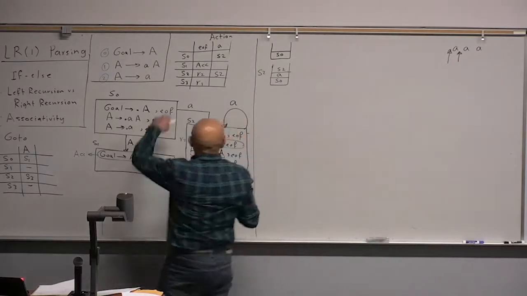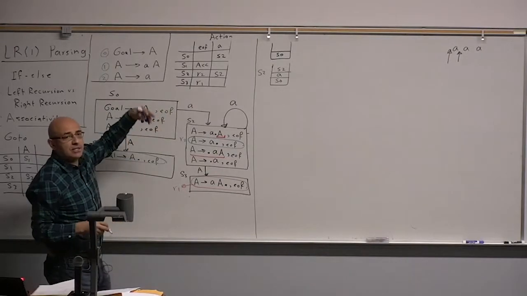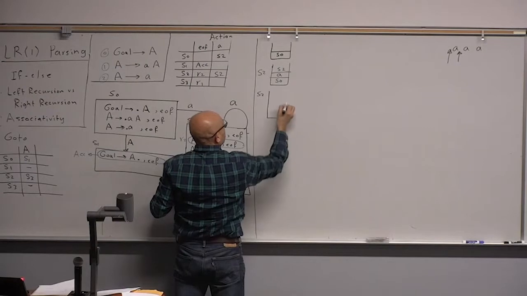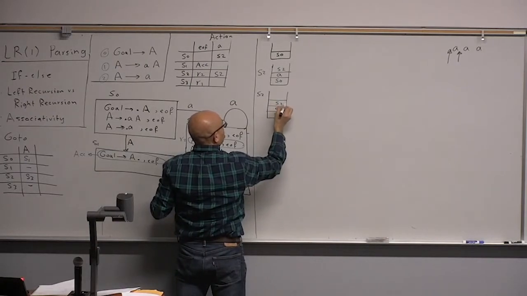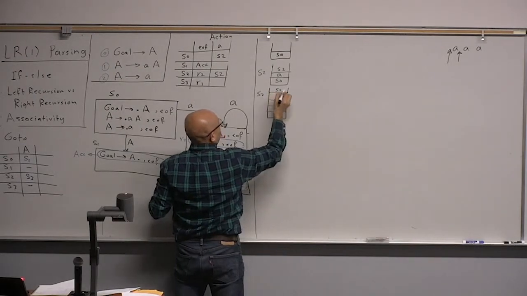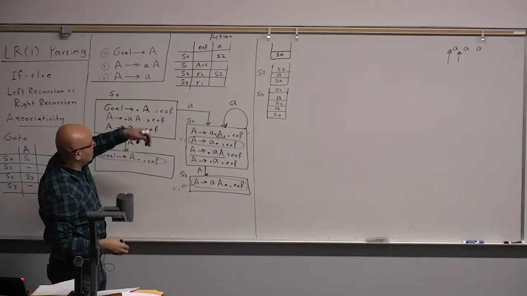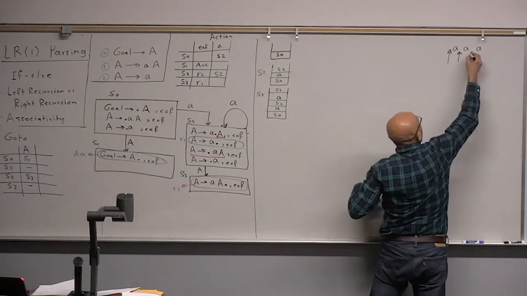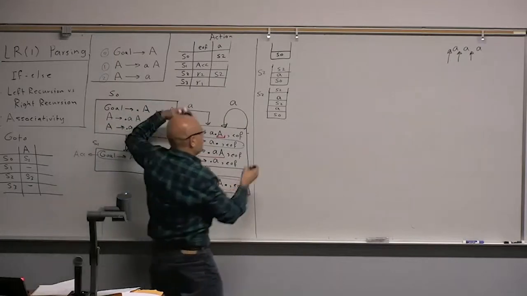Again, I am in S2 and seeing an A. So it keeps telling you that if you are in S2 and you are seeing an A, shift. We shifted twice, so we are here now. Now, again, S2 and A tells you to shift again.